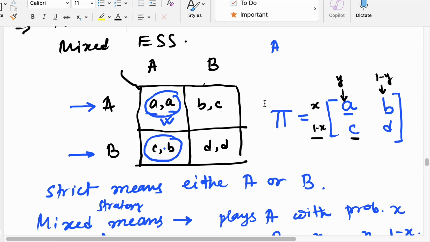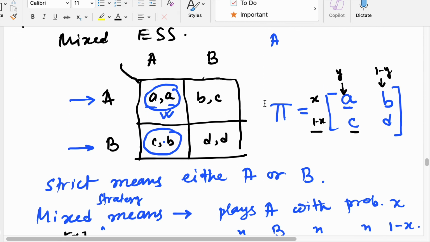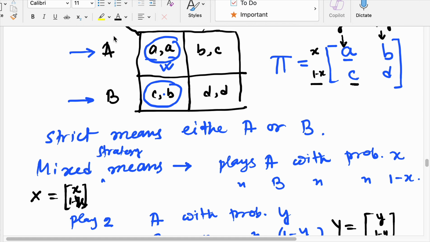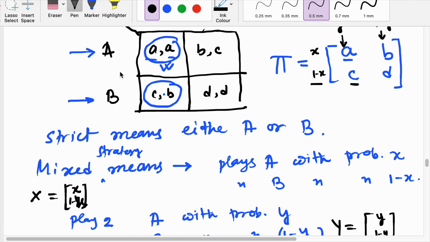Now, instead of playing only action A or playing only action B, one player could play action A with some probability x, and other times he can play action B. That means the strategy is playing A with probability x and B with probability 1 minus x.